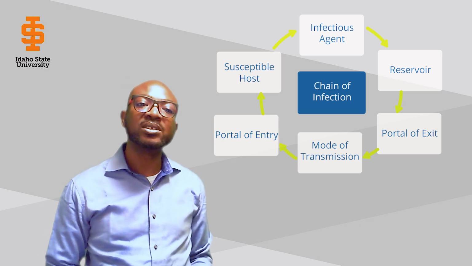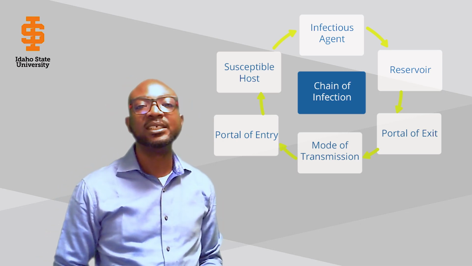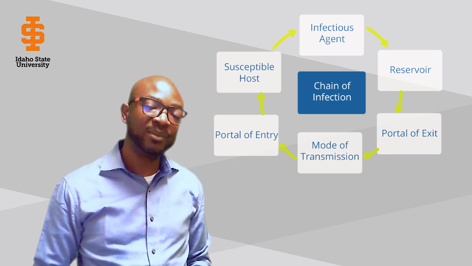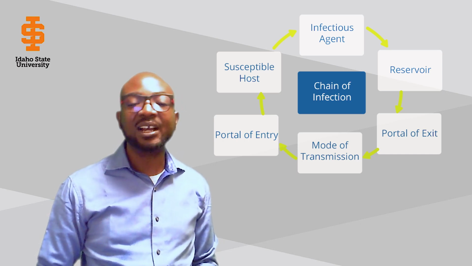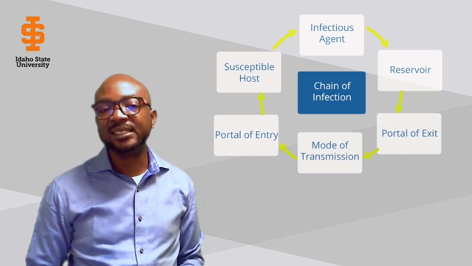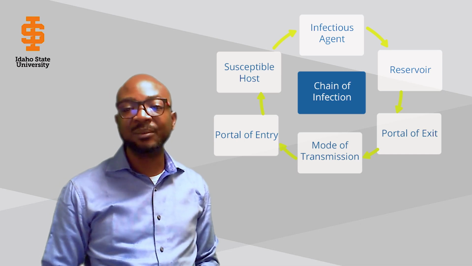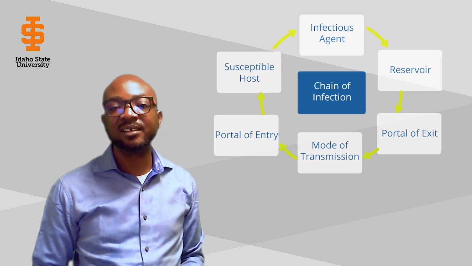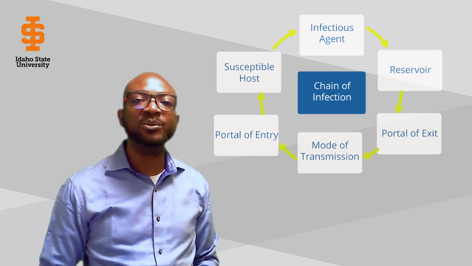The susceptible host is the final link in the chain of transmission. When patients receive medical treatment, the following factors can increase susceptibility to infection. Number one is underlying medical conditions, such as diabetes, cancer, and organ transplantation, which increase the risk for infection due to decreased immunity.